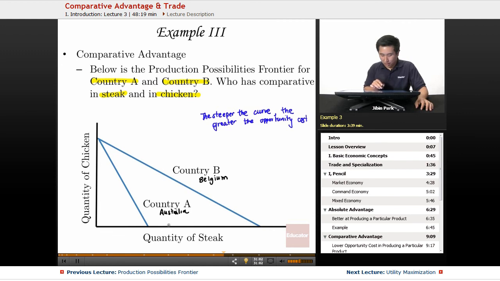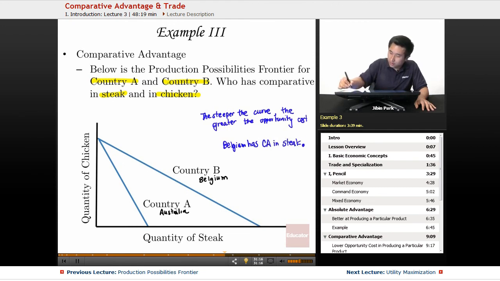So the opportunity cost of making steak is less than in Australia. Based on this, Belgium has comparative advantage in steak, and Australia has comparative advantage in chicken.